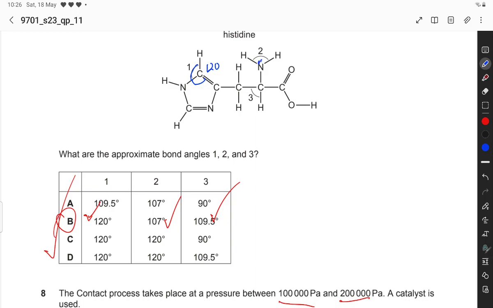nitrogen has one lone pair, so that's why nitrogen 3 is surrounded by 3 other atoms.